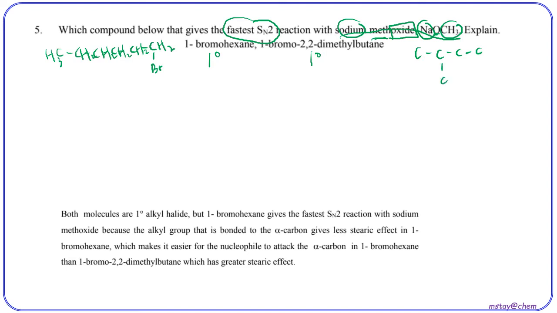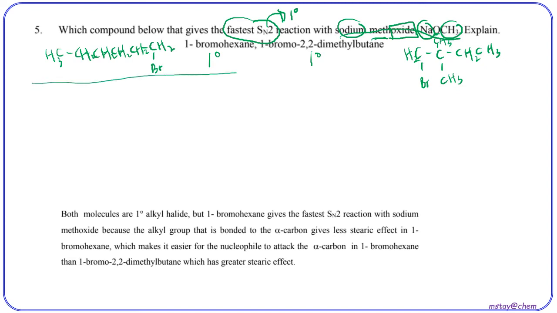So 2-methyl, 2,2-dimethyl, 1-bromo. So here CH2, CH2, CH3. As we already know, in Sn1 tertiary is the most reactive, in Sn2 primary is the most reactive. So now both haloalkanes are primary haloalkanes.